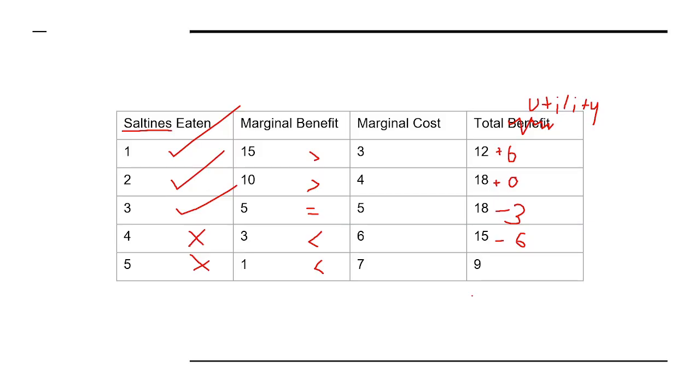But the basic concept that we need to understand is that we keep eating the saltines, we keep eating the pizza, we keep consuming the economic resource as long as we are benefiting from that additional unit, or we're going even, right? Going even's okay for this, but we stop when we start going negative. We don't want to go negative, right? We want to maximize our profit. We want to benefit to the greatest extent possible.